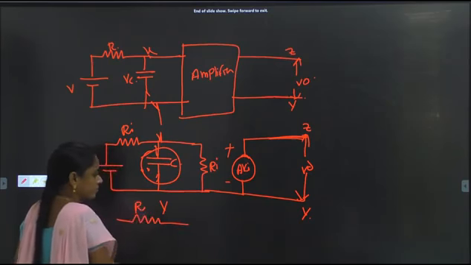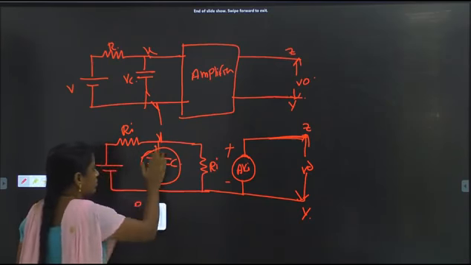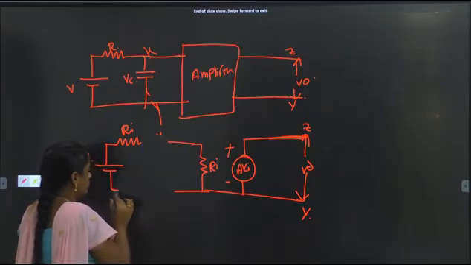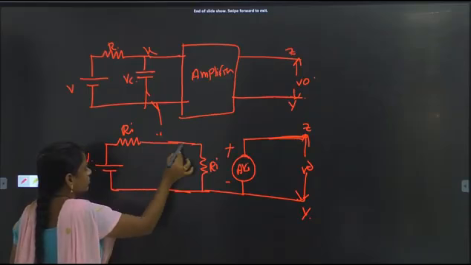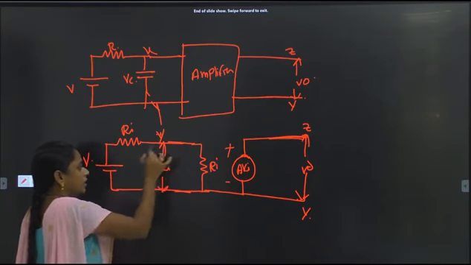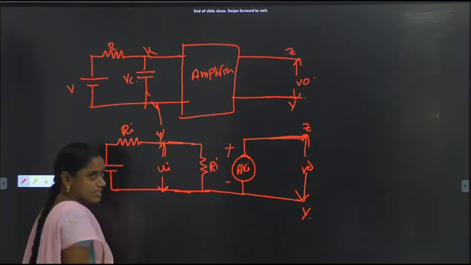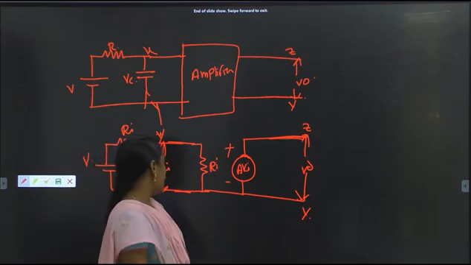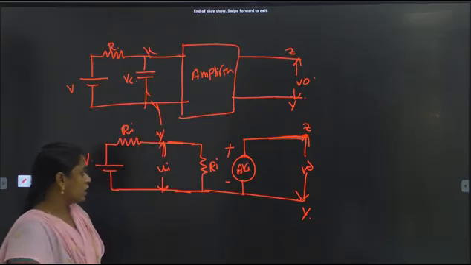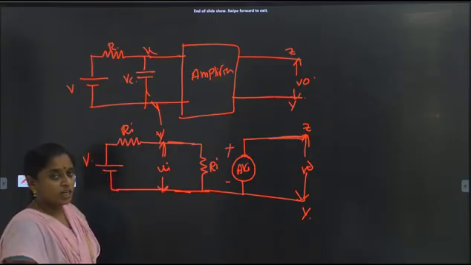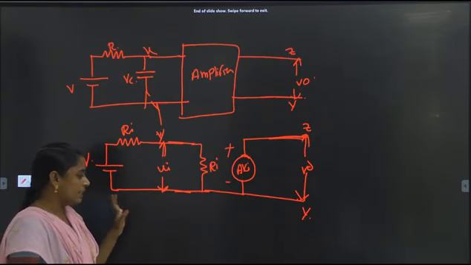R, it can be written like this also. Here I am applying the input V. Because at t equal to infinity, the reactance of the capacitor is infinite, so the capacitor can be replaced with an open switch. That's why I am applying it like this.